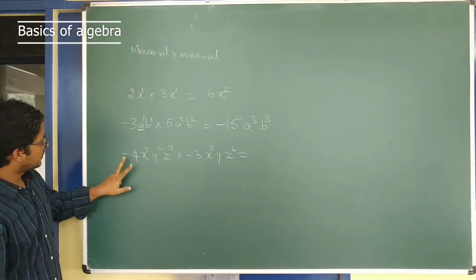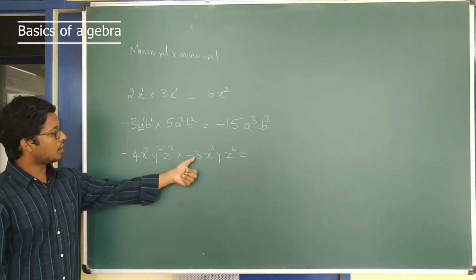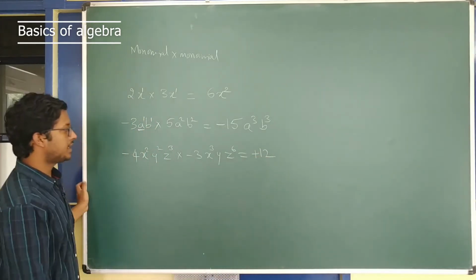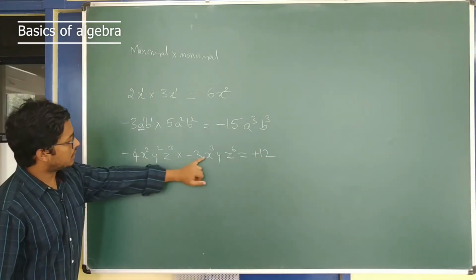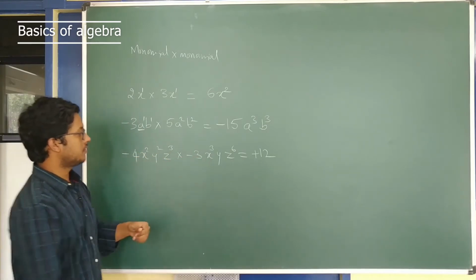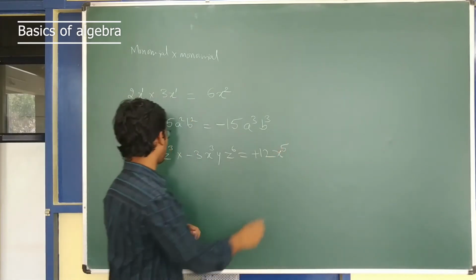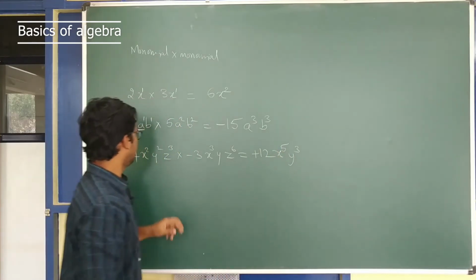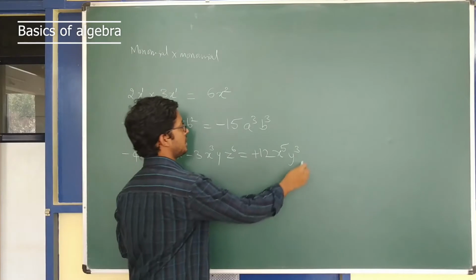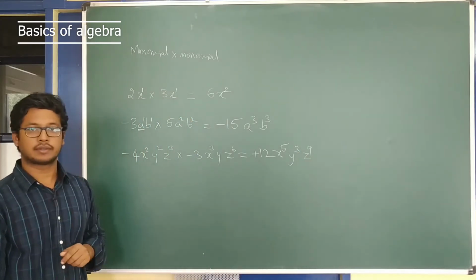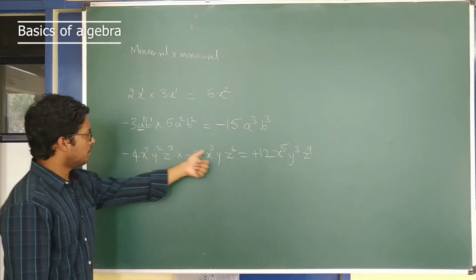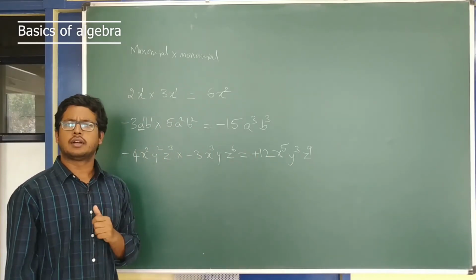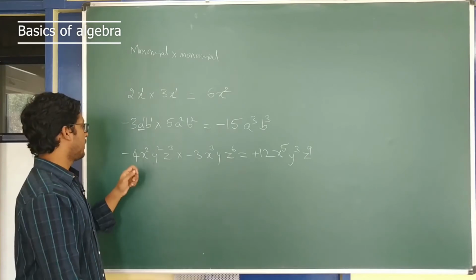Minus 4 into minus 3, so it becomes plus 12, minus into minus is plus. x square into x cube, so it is 2 plus 3, which would be x raised to 5. Then we have y square into y, which will become y cube, and then z cube into z raised to 6, which would be z raised to 9. If you do not know how to multiply, I strongly suggest you to go and look for exponents videos.